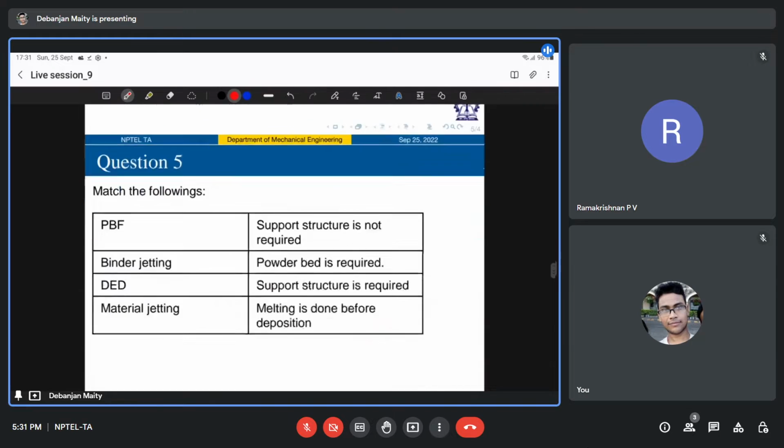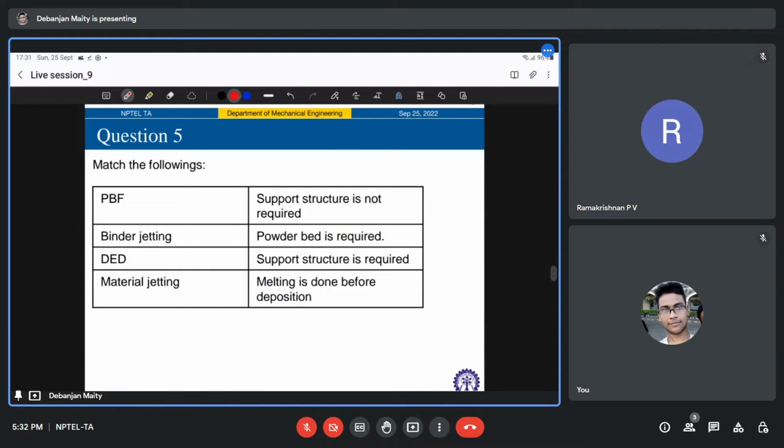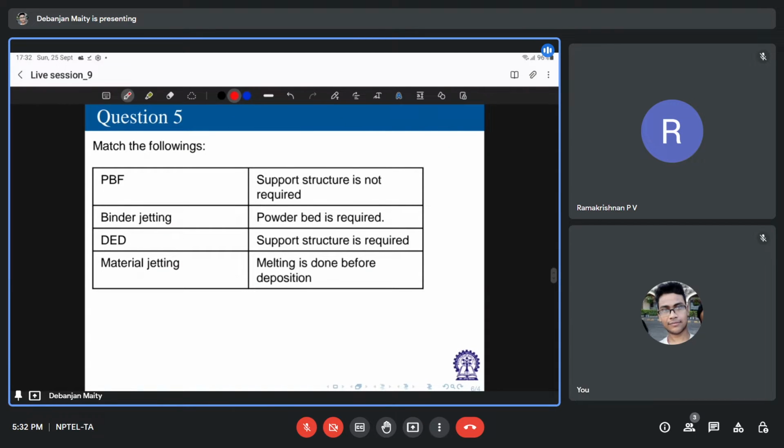Okay, let's move to the next question then. Here also we have different kinds of additive manufacturing.